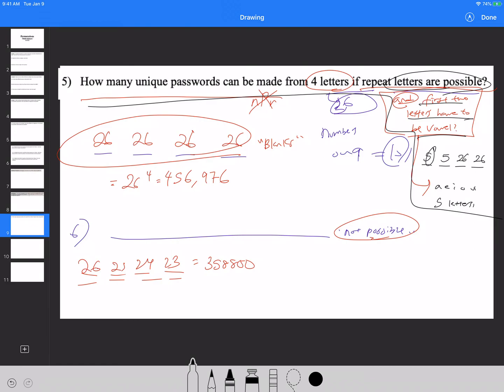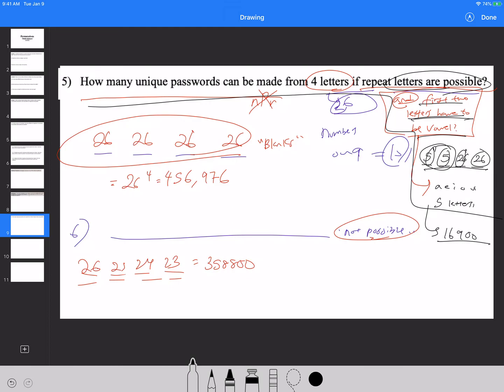Because these 2 have to be vowels and these 2 can be anything. It could still be vowels, but the first 2 have to be vowels. That means that's the condition that I need to prioritize. So that would be 25 times 26 times 26, which would mean that would be 16900.